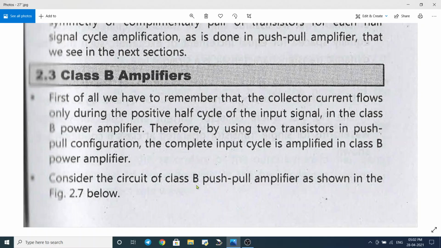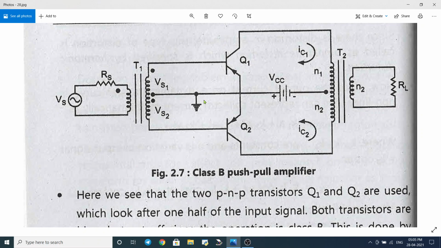In class B power amplifier, there is a technique called push-pull technique. So we have to consider the class B push-pull amplifier circuit. This is the circuit diagram for the class B push-pull power amplifier circuit.